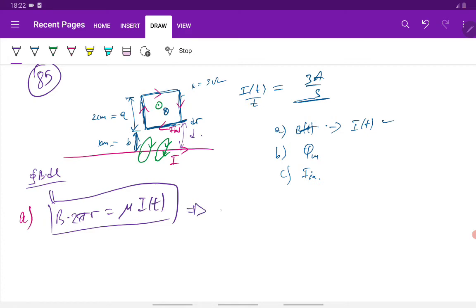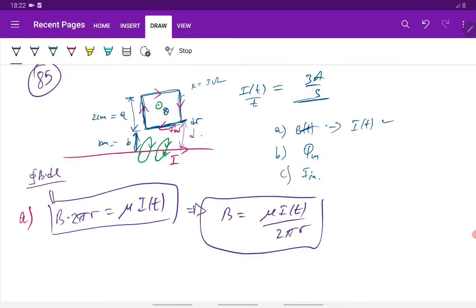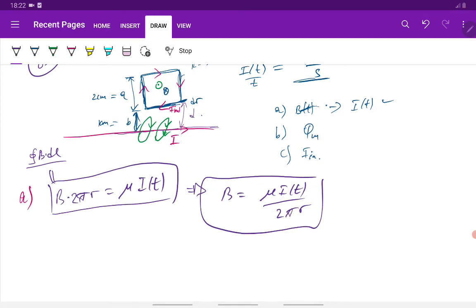So we have B equals mu 0 I t over 2 pi r. I think in the case of long current carrying wires and such symmetry problems, it's always very useful and very easy to compute magnetic fields using Ampere's law. So it should be in your head as always.